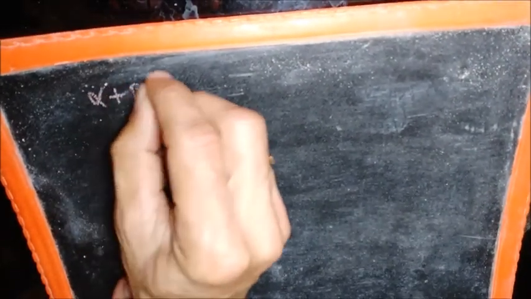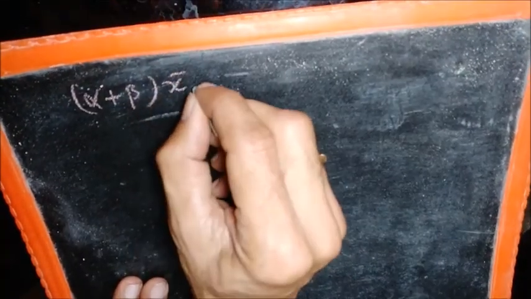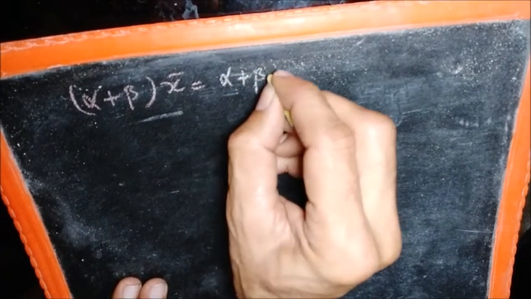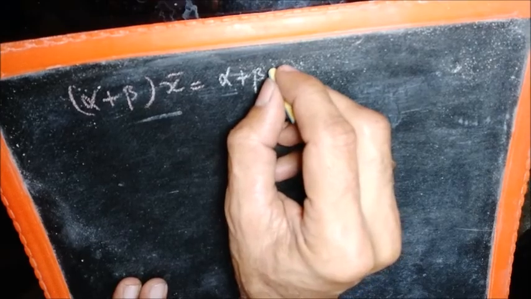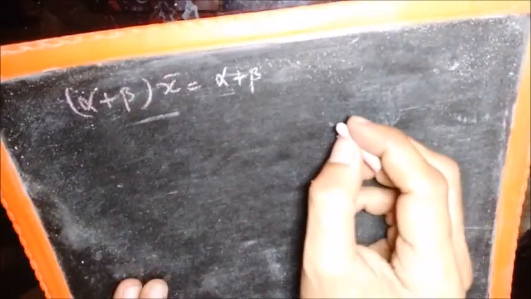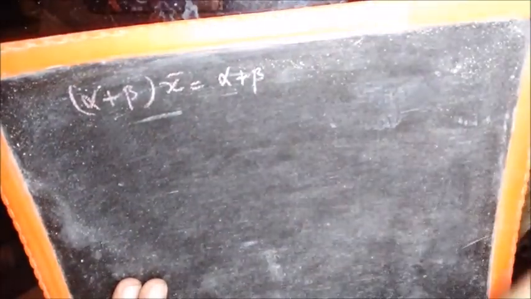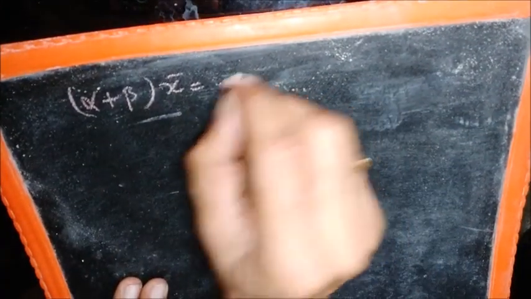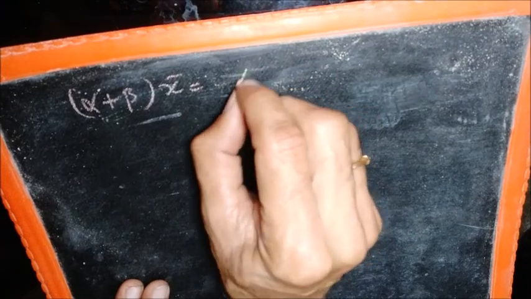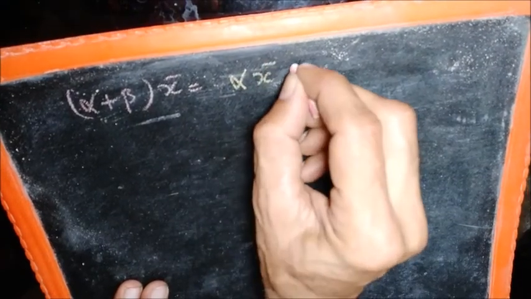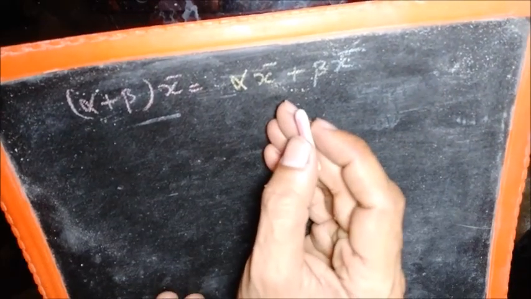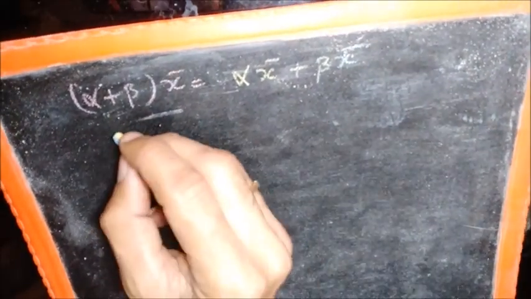Alpha plus beta into vector x has to be, alpha and beta are real scalars, the result has to be this. This property has to be satisfied. This is the result that we expect. The right hand side has to be this. So let's concentrate on the left hand side.